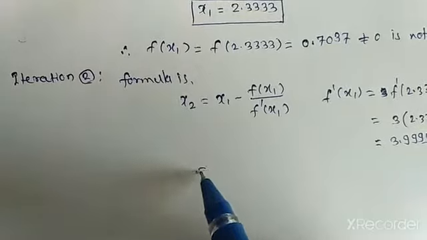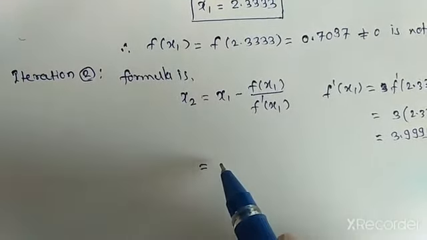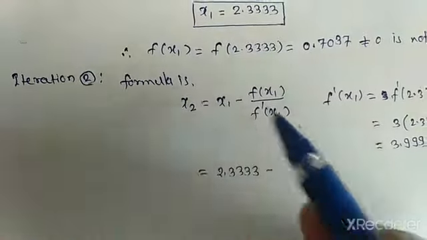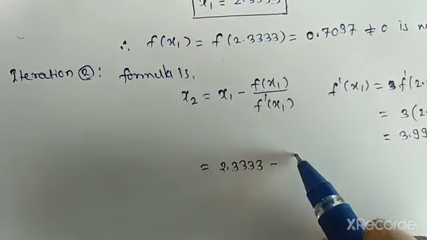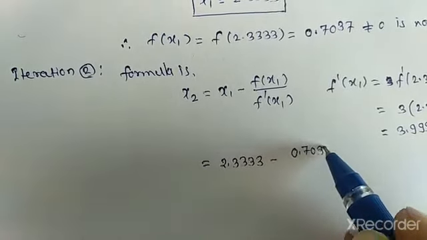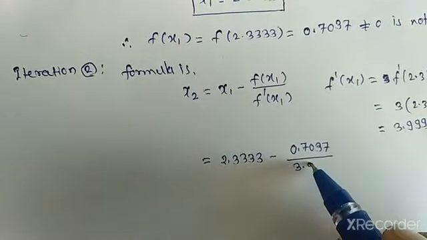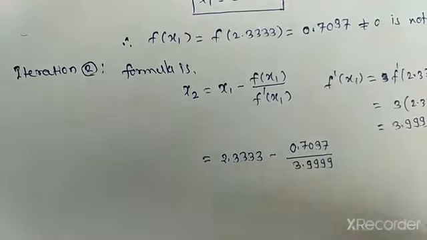So now x2 is equal to x1, which is 2.3333, minus f of x1, which is 0.7037, divided by f dash of x1, which is 3.9999. Okay.